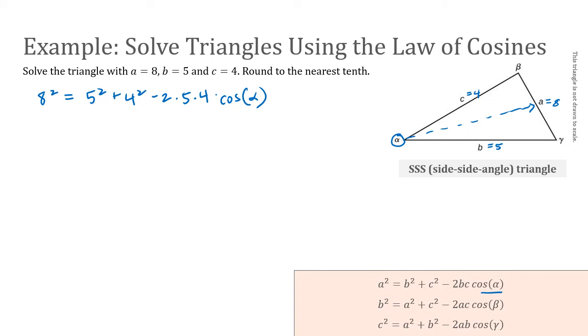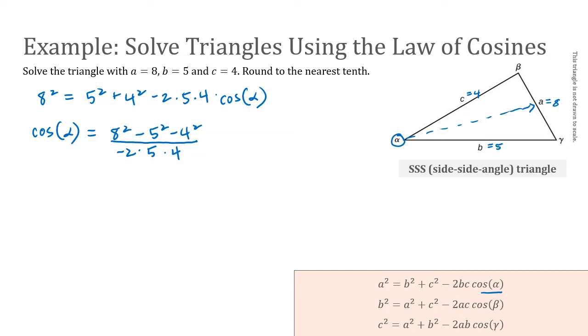And when I get the cosine of alpha by itself, I'm going to put into my calculator 8 squared minus 5 squared minus 4 squared all over negative 2 times 5 times 4.